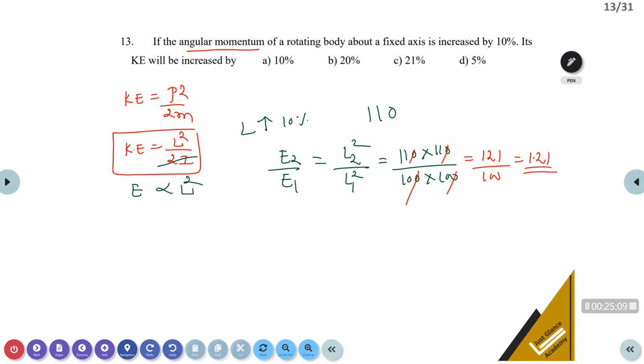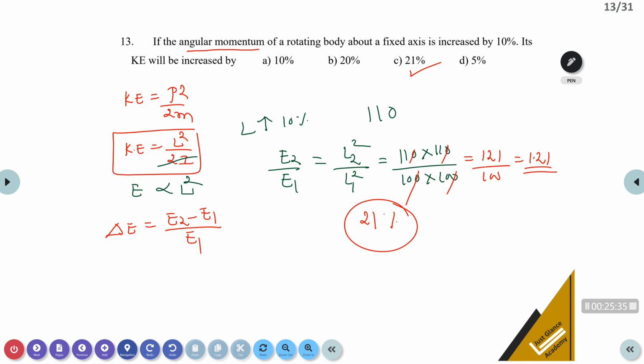In terms of percentage, it becomes 21%. It is the right choice. If change is asked, change is delta E, which you calculate as E2 minus E1 divided by E1.